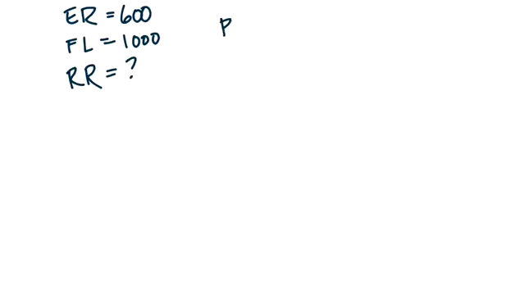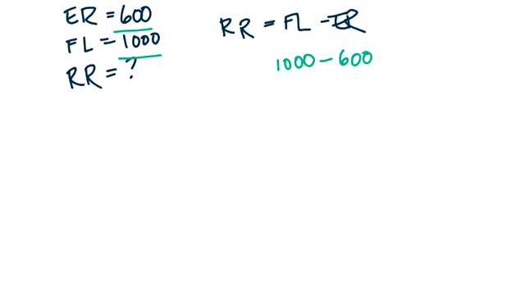Again, reabsorption rate is simply the filtered load minus the excretion rate. We simply take 1,000 and subtract 600, which equals a positive value of 400. This means that there is a net reabsorption of the substance because the value is positive.